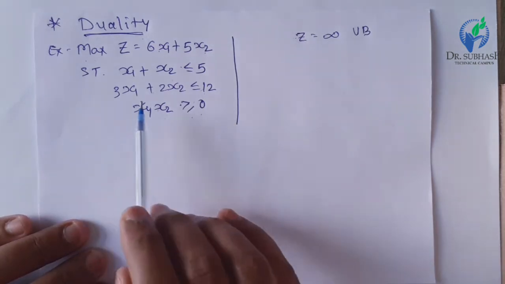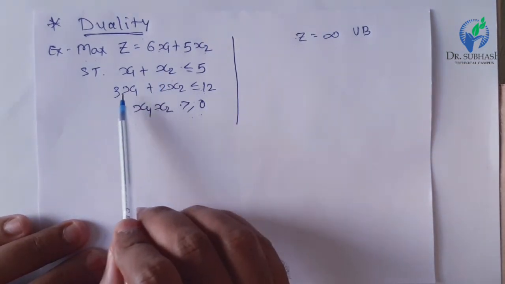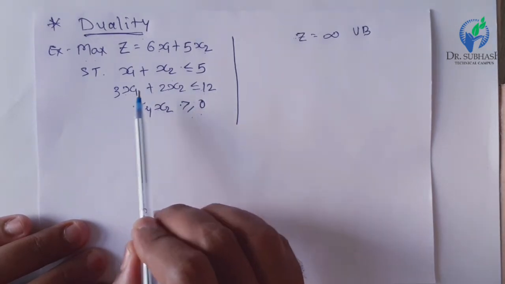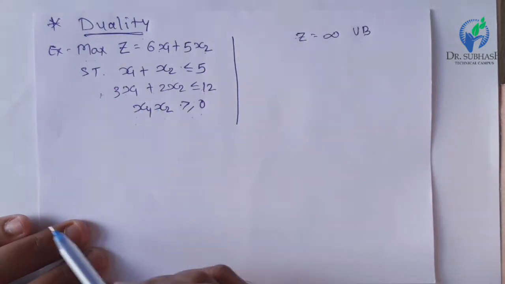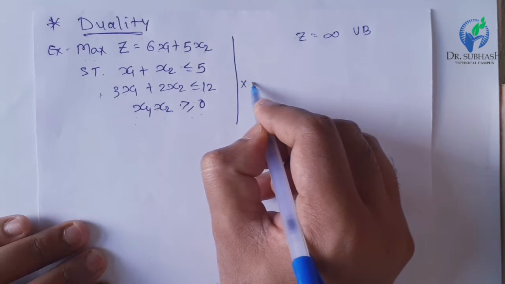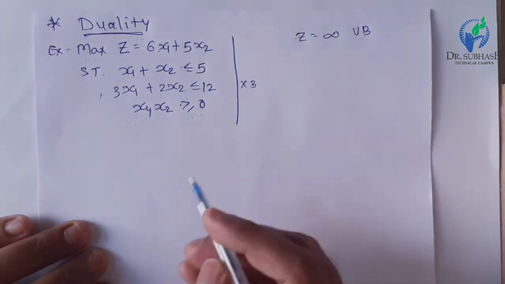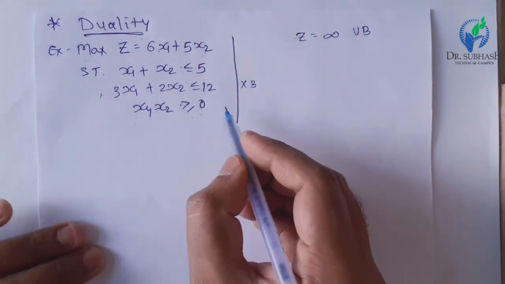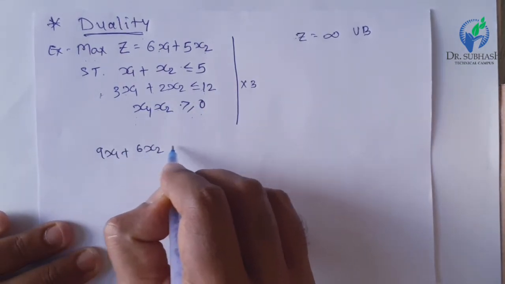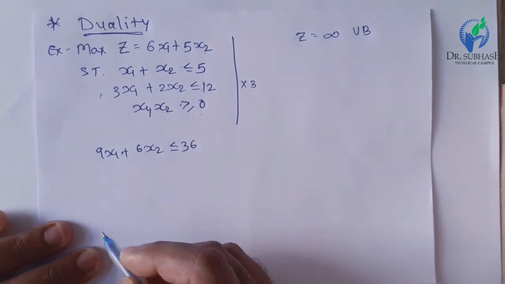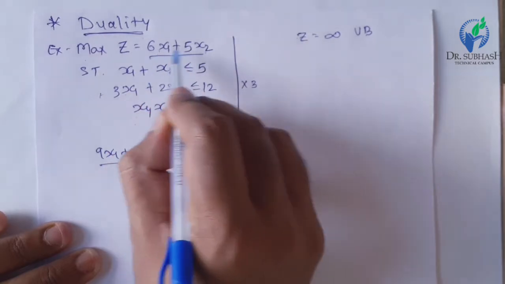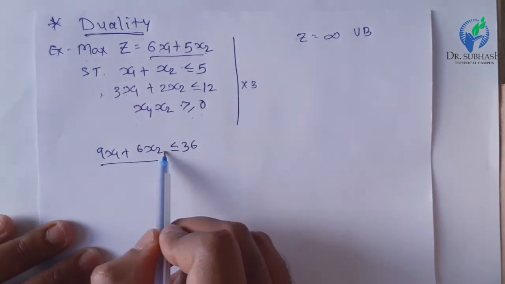Now let us understand what will happen if the constraints are given. Let's consider the second constraint. We multiply the second constraint by 3 and we get 9x1 plus 6x2 less than or equal to 36. Now compare the two expressions, 6x1 plus 5x2 and 9x1 plus 6x2.